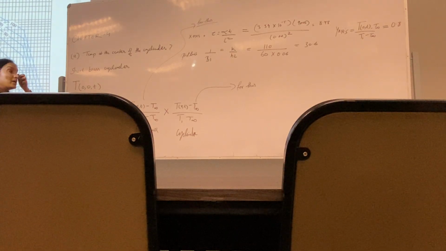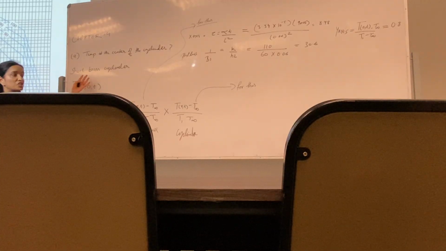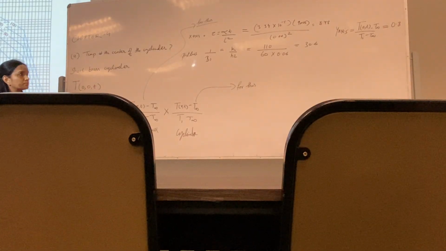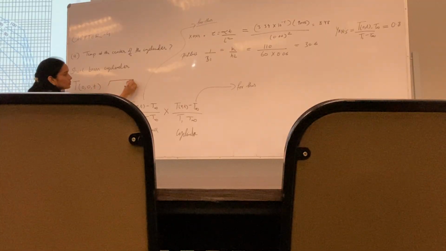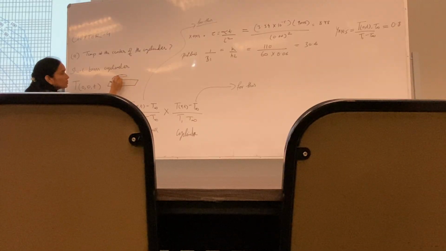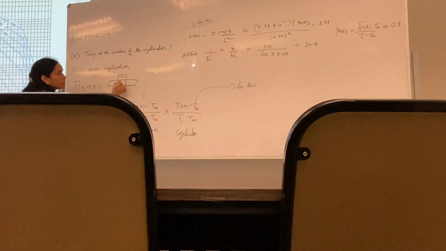So we are calculating temperature in two dimensions in a short brass cylinder, which is made up of a plane wall and a cylinder.